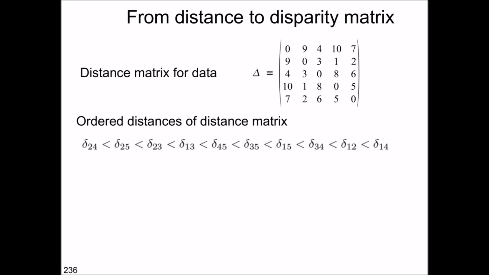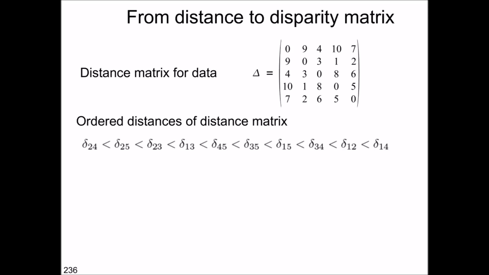And now if we look in this matrix, we see that obviously the distances are 0 along the diagonal, and the upper and lower triangle are identical. And let's say we have site data, then the distance between 1 and 2 is 9, between 1 and 3 is 4, and so on.